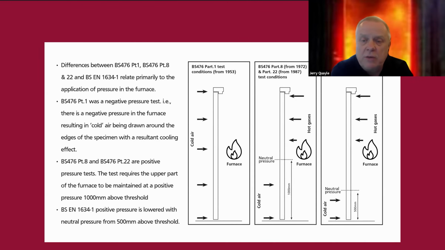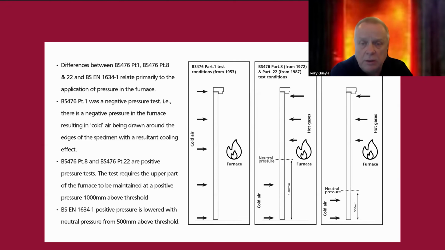Doesn't really represent very much of a room, but what it does represent is a way of categorizing doors, and in this case doors, but in any construction material, to differentiate between good performers and bad performers with a line drawn in the sand.